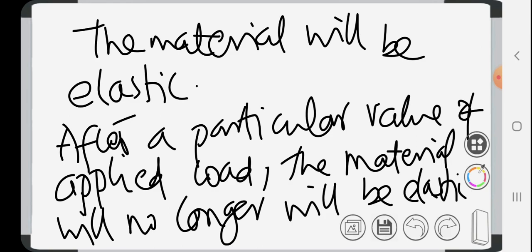So after a particular value of force, even if you remove the applied force, the material won't regain its original size or shape. It will remain as it is. So there is a limit for the value of force that can be applied so that the material remains elastic. After that particular value, the material will become plastic. So the plasticity property comes into action. So that is the idea of elasticity and plasticity.